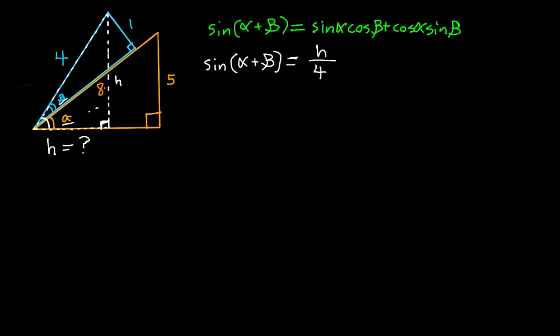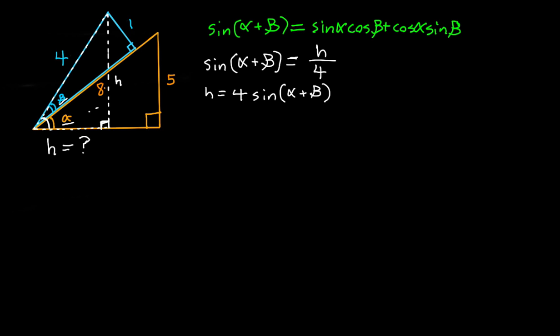The opposite over hypotenuse. So we can simplify this a little bit in terms of how we're solving for h. We're going to have that h is equal to 4 times the sine of alpha plus beta.